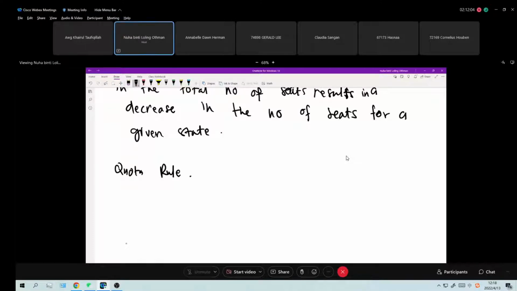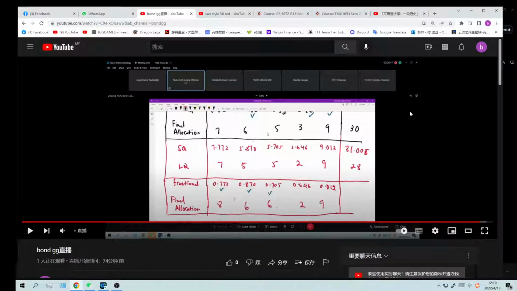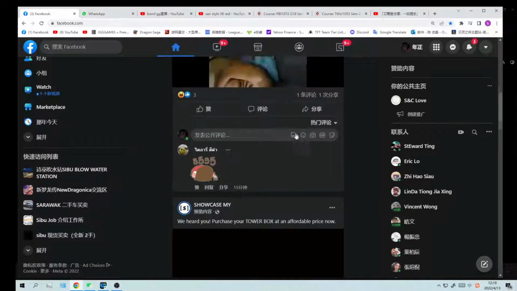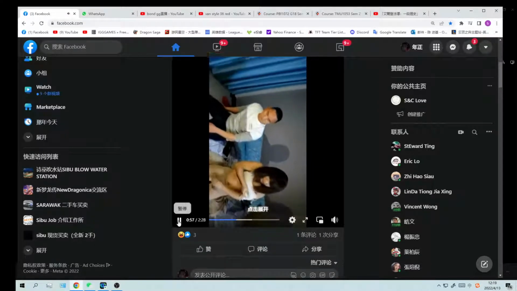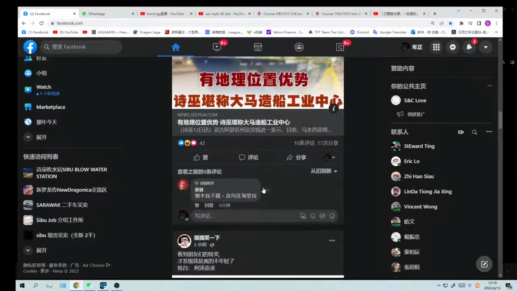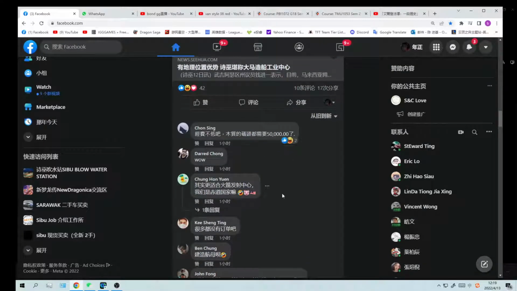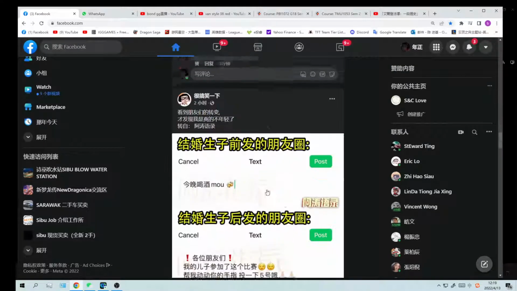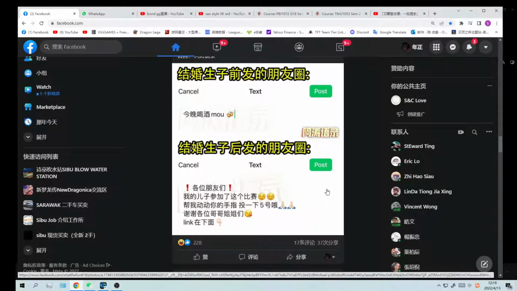The definition of quota rules says that each state should be given either its upper quota of seats or its lower quota of seats. So this is the meaning of quota rules.